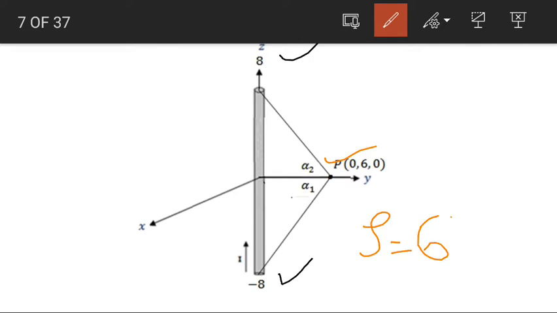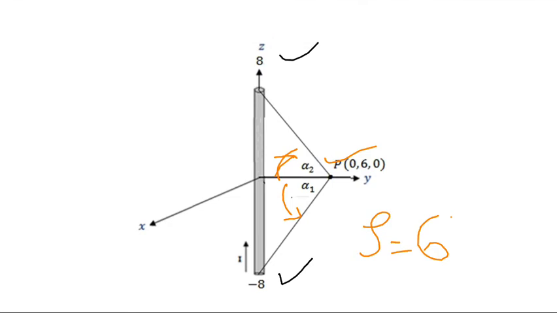So we will have to calculate alpha 1. You see the angle in the counterclockwise direction will be negative, and we will calculate alpha 2, and the angle in the clockwise direction will be positive. So we will consider these two angles. With respect to rho, the angle in the counterclockwise direction is negative, while the angle in the clockwise direction is positive.